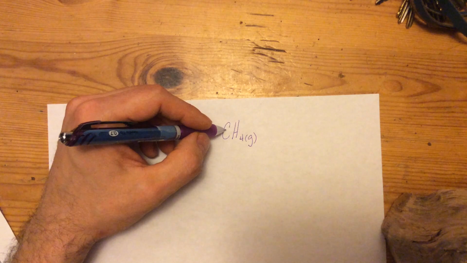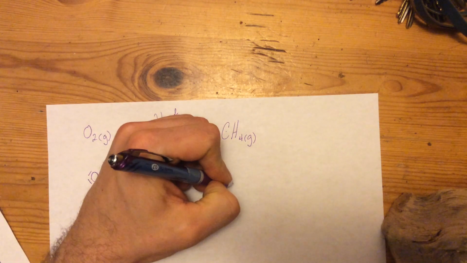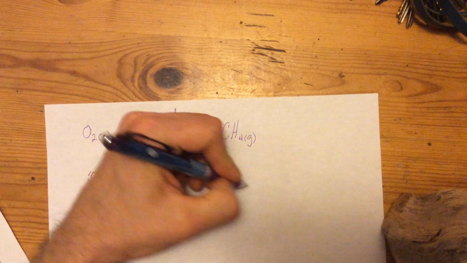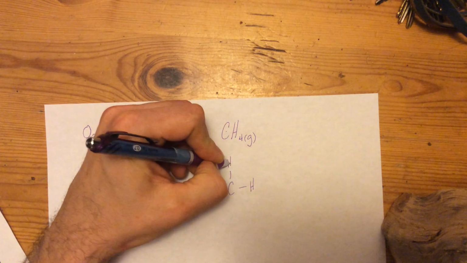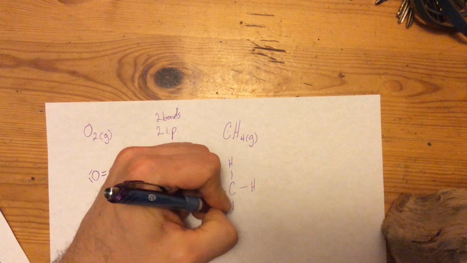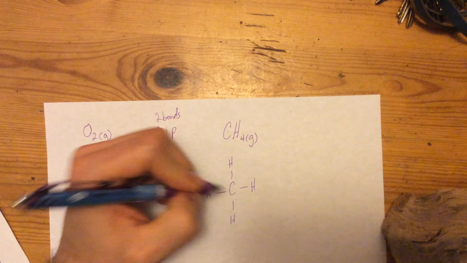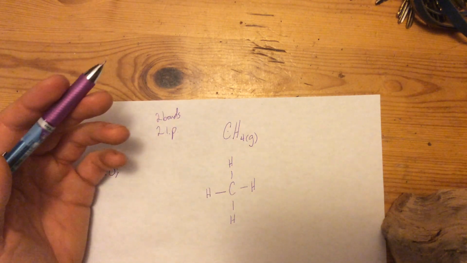Hydrogen wants 1 bond. Carbon doesn't want any lone pairs, and hydrogen doesn't want any lone pairs. If we're going to draw it on a sheet of paper, we can talk about the 3-dimensional structure later. But we can draw it on a piece of paper, and there's nothing wrong with that drawing. And so that can be methane gas.